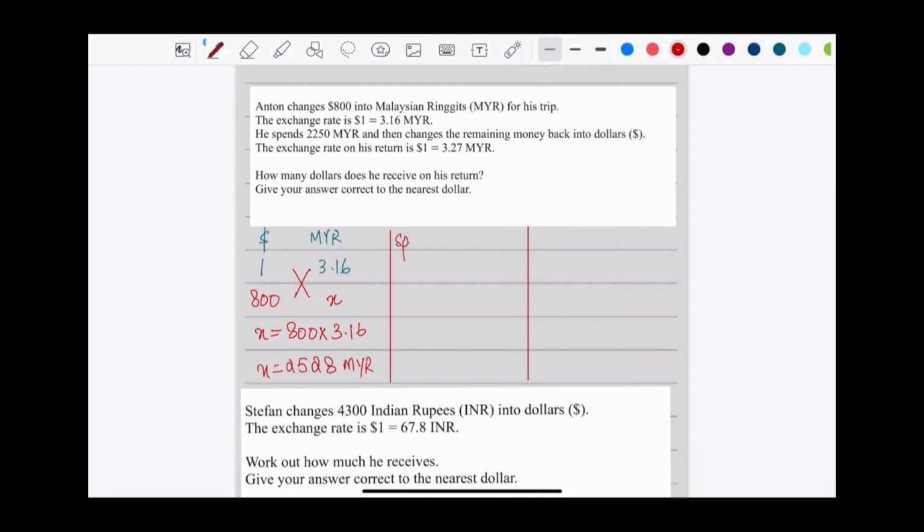So he spent 2250, and the remaining amount that he's left with is 2528 minus 2250.